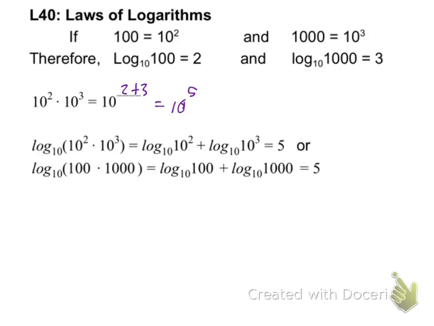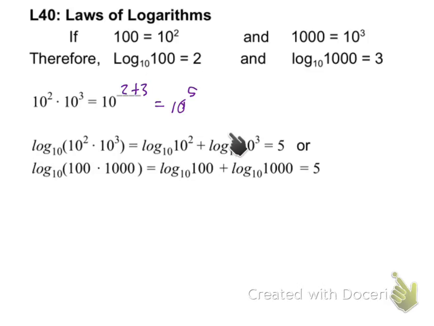So some of this might not be 100% clear because we don't know the rules yet, but maybe a little intuition here. If I had log base 10 of 10 squared times 10 to the third power, that's going to be the same as log base 10 of 10 squared plus log base 10 of 10 to the third power. But we just showed above that log base 10 of 10 squared is 2.